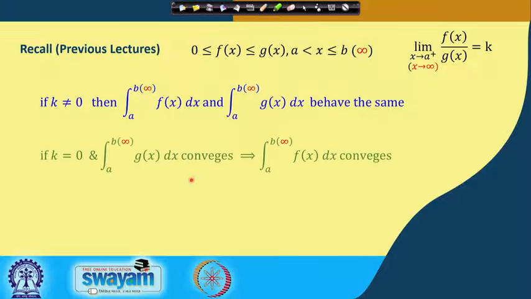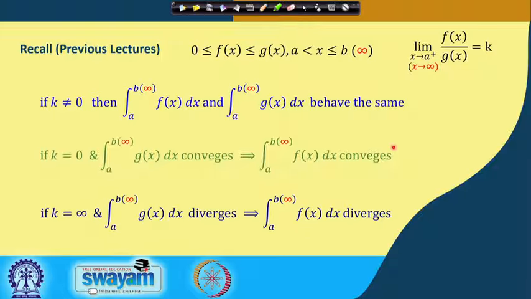This was the conclusion, and there was another conclusion that if k comes to be 0 and the integral over g(x) converges, because when k is 0, g(x) is growing faster as we are approaching infinity or a, then the other one will also converge. And we had also the result that if k is infinity, and the g integral diverges, in that case we can also conclude that f will also diverge.